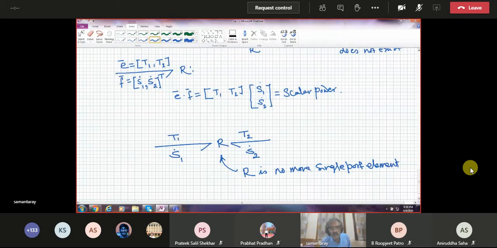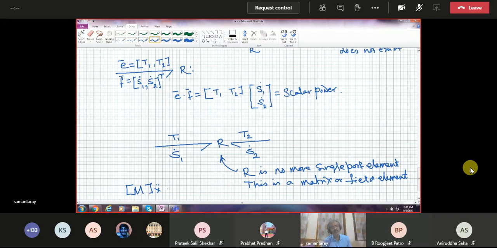This is a matrix or field element. So those of you who will be doing some kind of course in finite element and other things, you will always say there is a mass matrix, there is a stiffness matrix, some damping matrix.